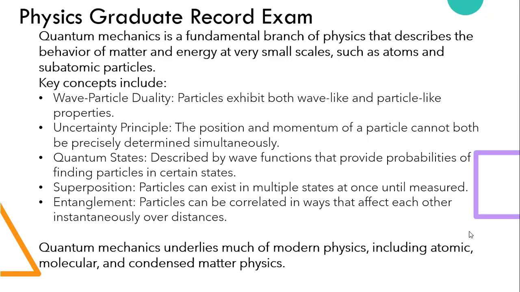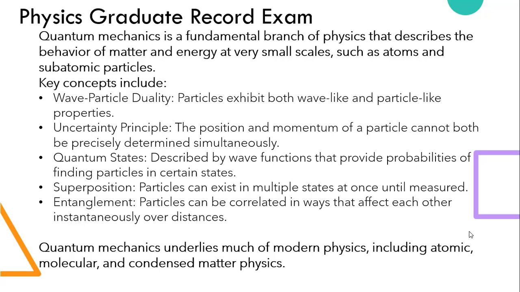They talk about wave-particle duality. If we look at a particle, sometimes it acts like a wave. There's also something called the uncertainty principle. In classical mechanics, there's something called momentum, which is the mass times the velocity of a particle.